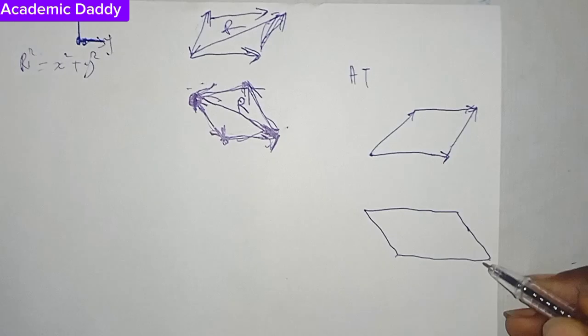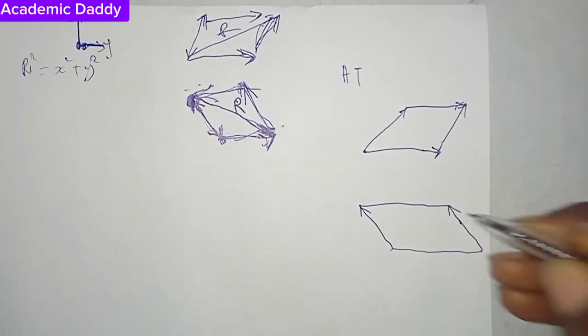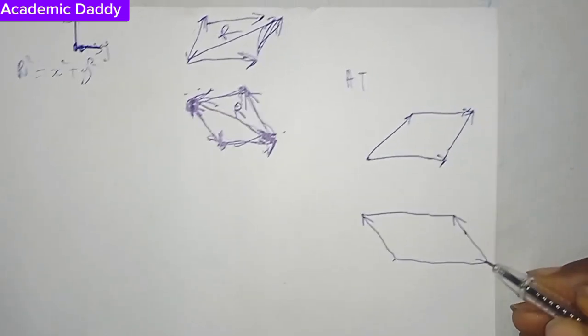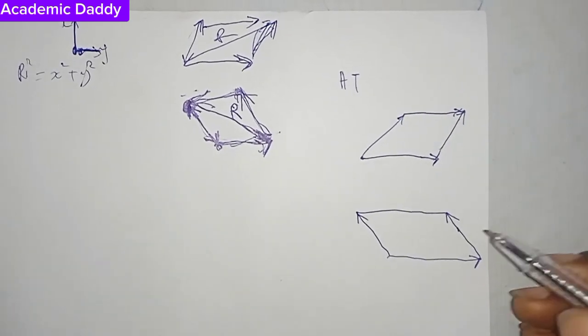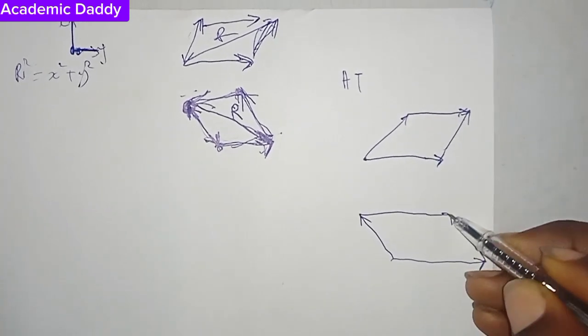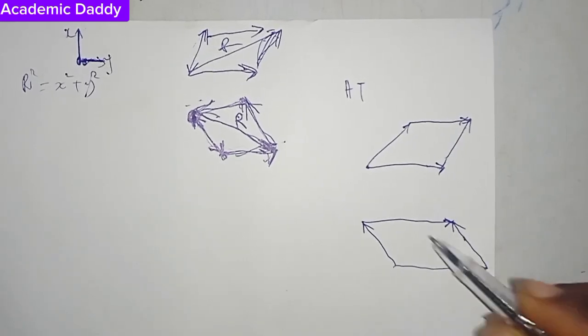So I have an angle above 90. Let's say this is this way. This should be parallel to this. Then I have this one, then I have this going this way. So the principle is simple.